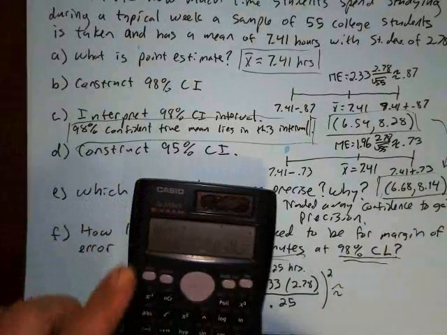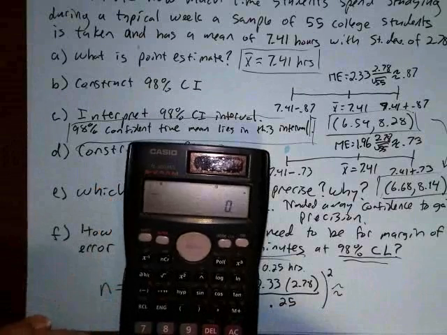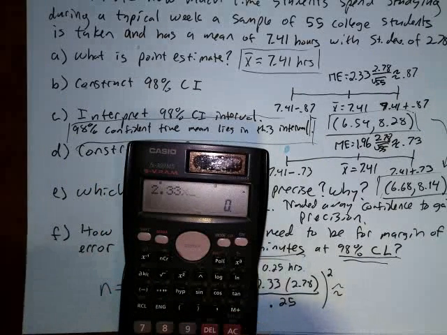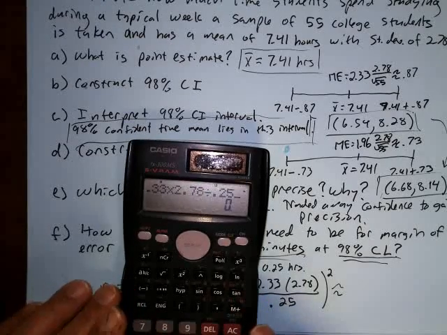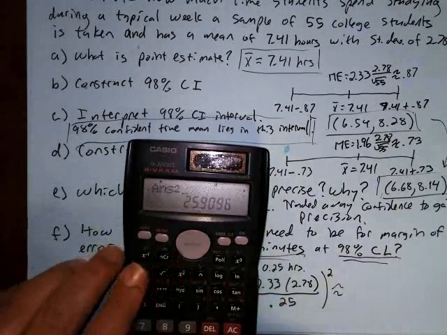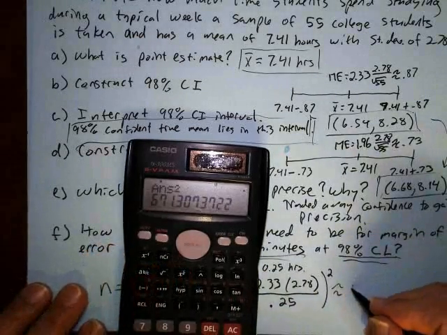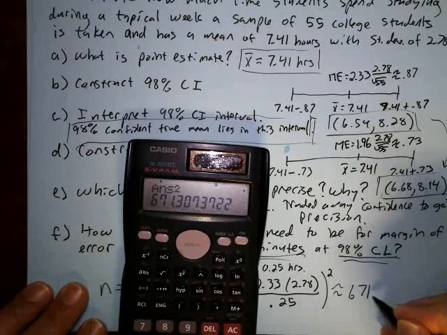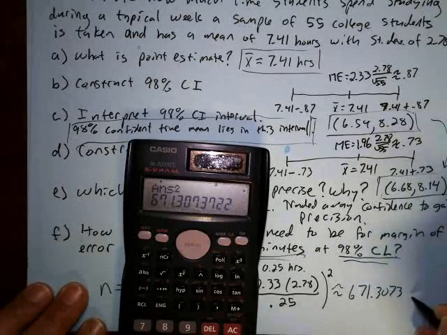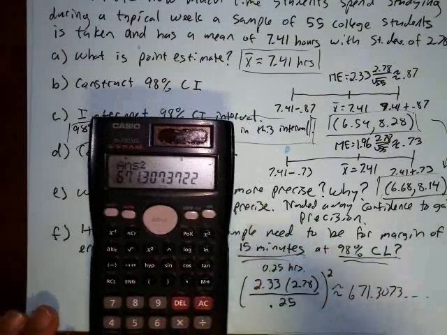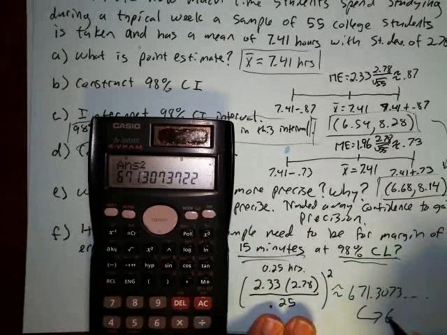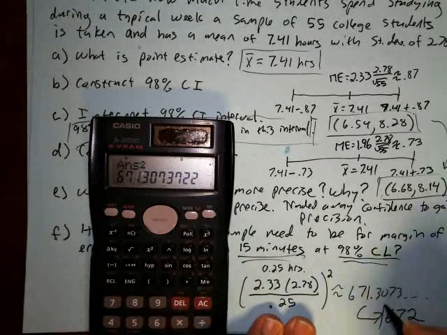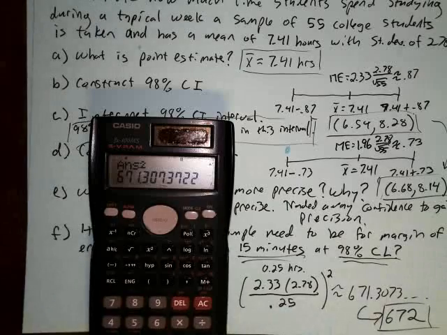Well, let's see. So 2.33 times 2.78 divided by 0.25, I get this. Now I got to square it, and I get 671.3073 whatever.